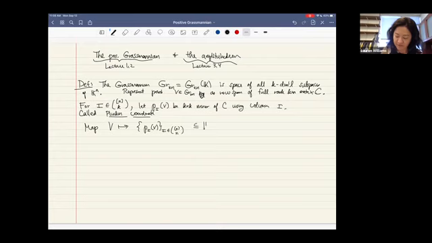This gives a map into projective space of dimension n choose k minus 1, and it embeds Gr(k,n) into this projective space.